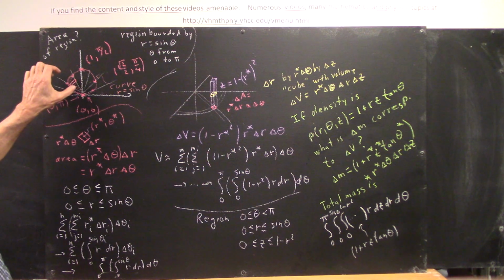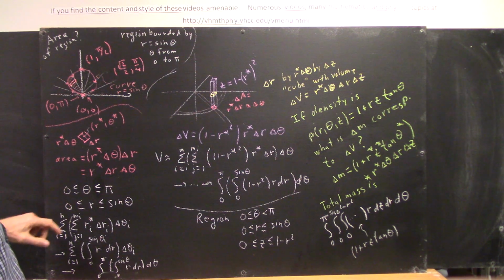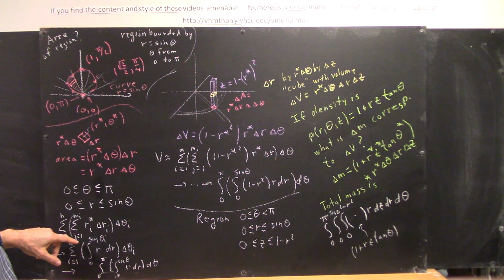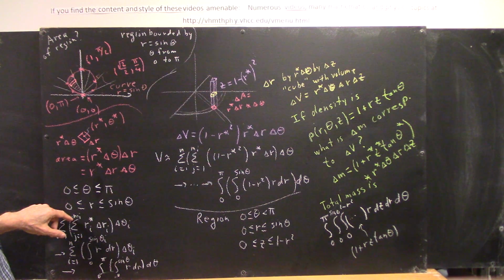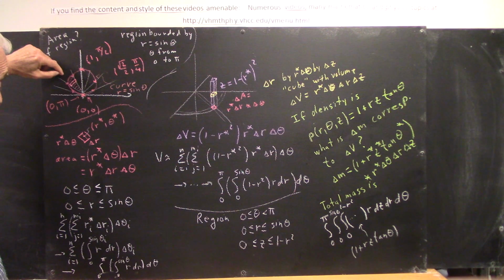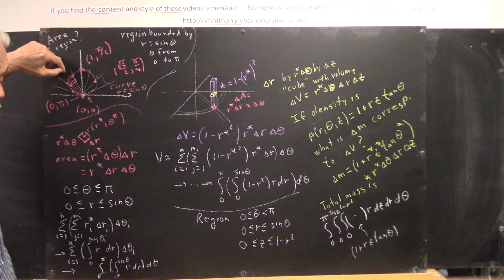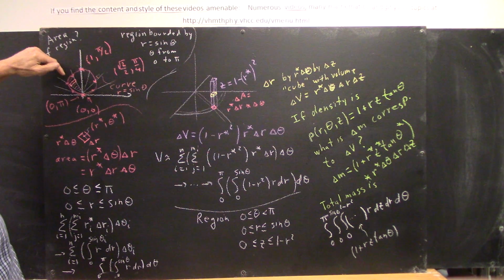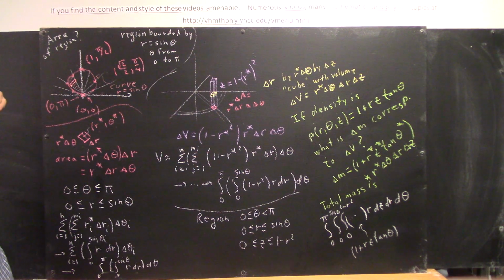For that sixth theta interval, j would go from 1 to 9, so m sub 6 would be the number of r intervals you have in the sixth theta interval.